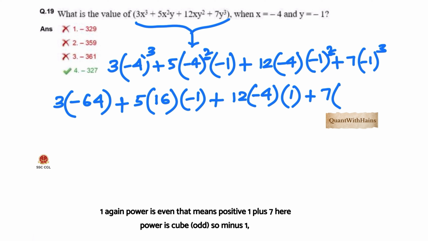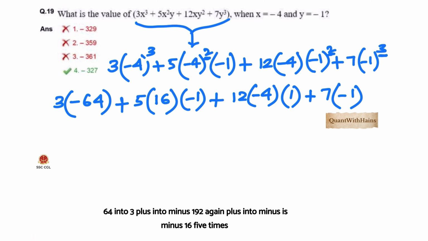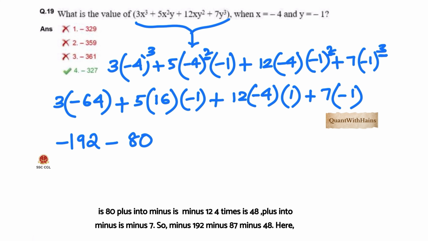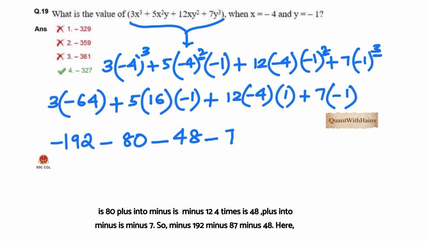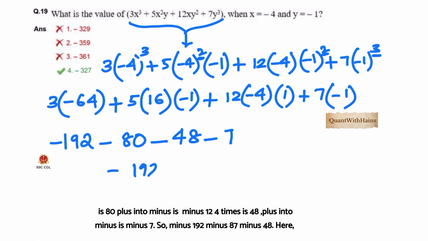Plus 7, here power is cube, odd, so -1. 64 into 3 is minus 192. Again plus into minus, 16 5s are 80. Plus into minus, 12 4s are 48. Plus into minus 7. So minus 192, minus 80, minus 48, minus 7.